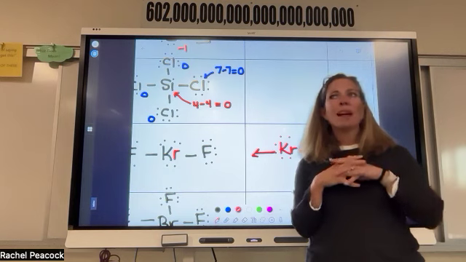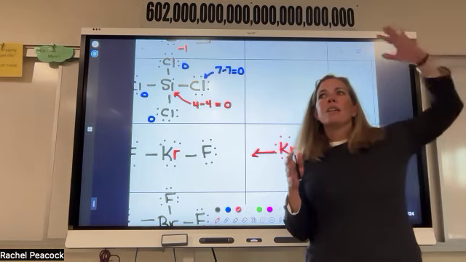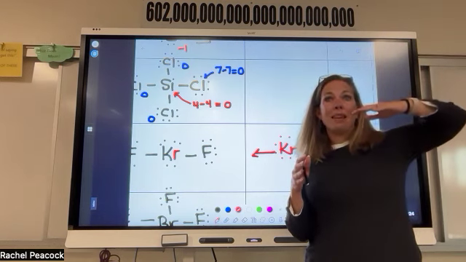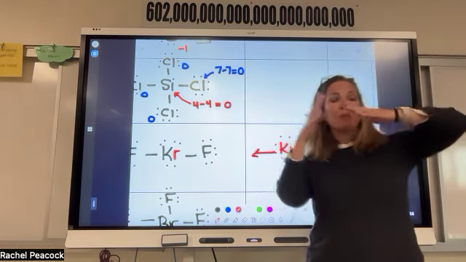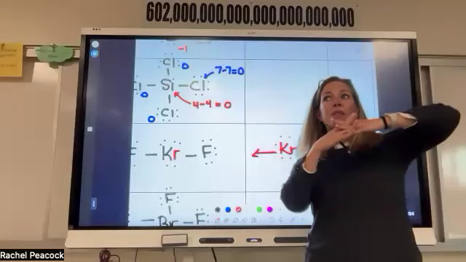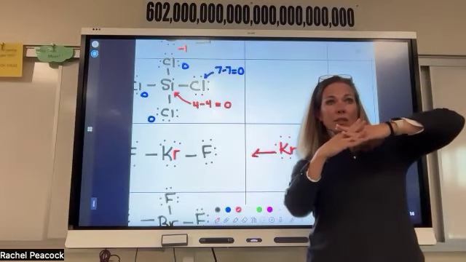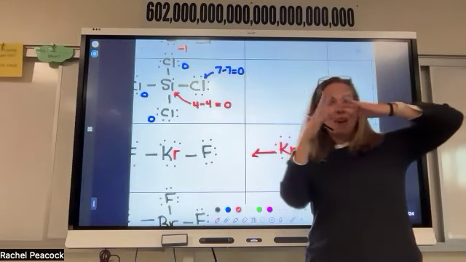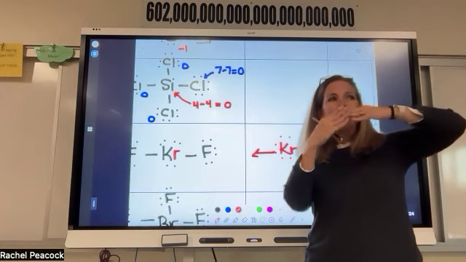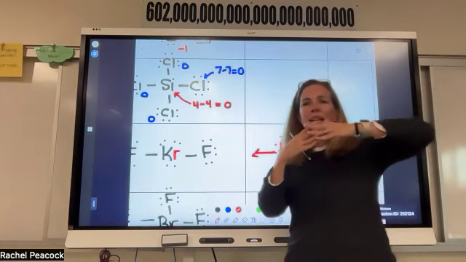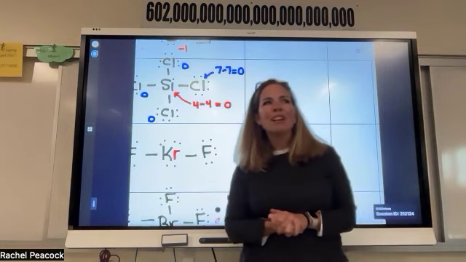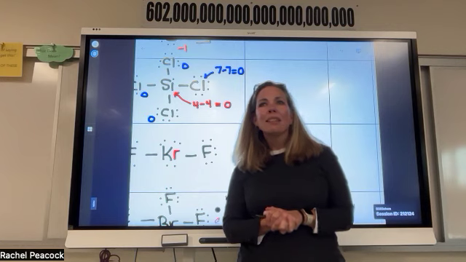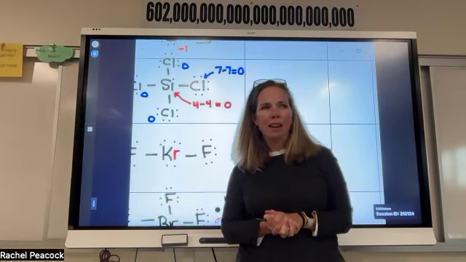So fluorine's 2p orbitals overlap with krypton's 4p orbitals. And they overlap in a way that krypton will let fluorine share space. Do you know why krypton will let fluorine share space? Because it's such a darn good tug-of-war player.